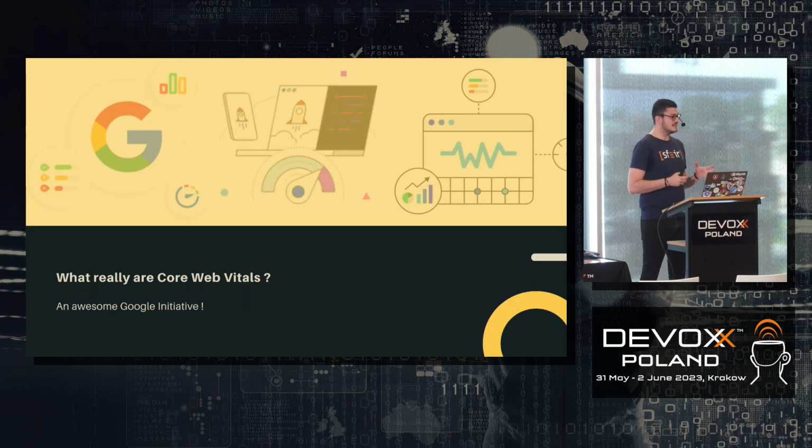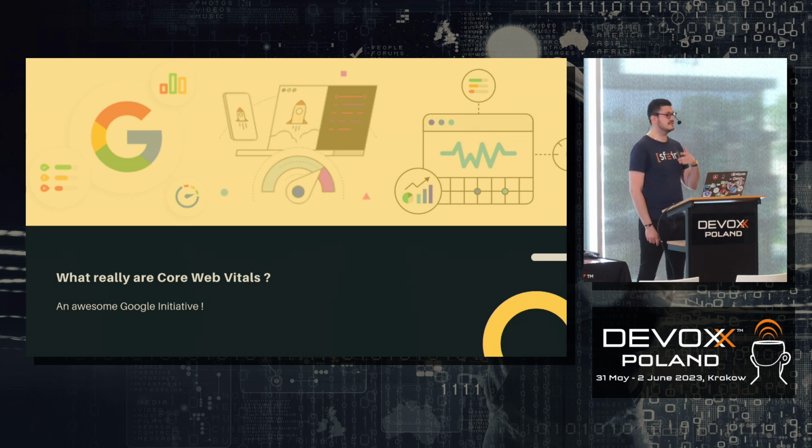So that's why in 2020, Google announced it would volunteer to integrate 3 new metrics into all these performance and dev tools. And in 2021, these 3 metrics were integrated under the name of Core Web Vitals.